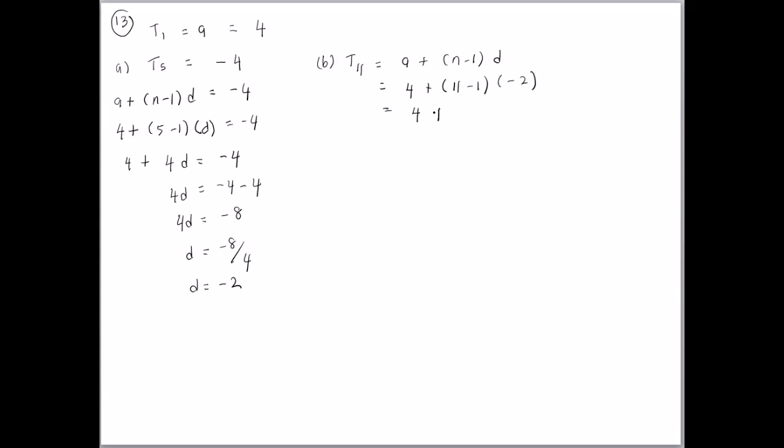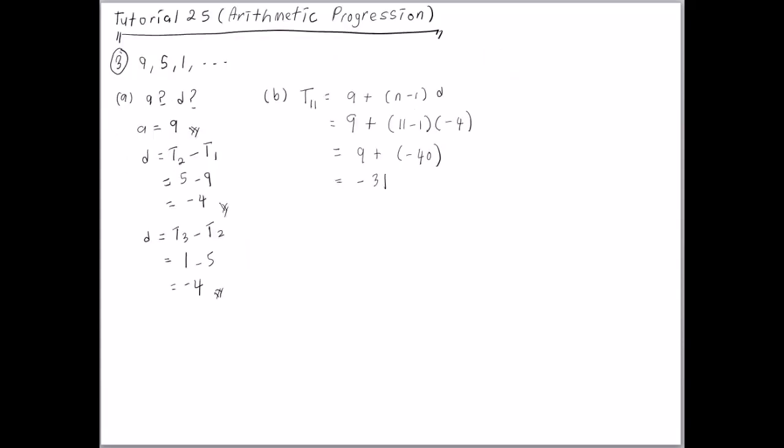So 4 plus 11 minus 1 is 10. 10 multiplied by negative 2, negative 20. 4 plus negative 20 is negative 16. So that is all the questions from tutorial 25.